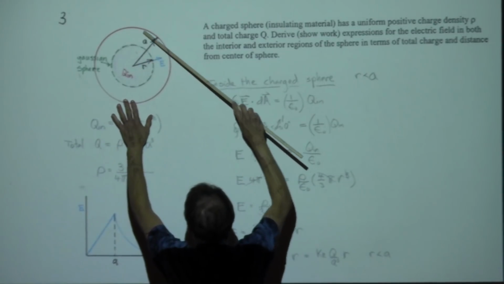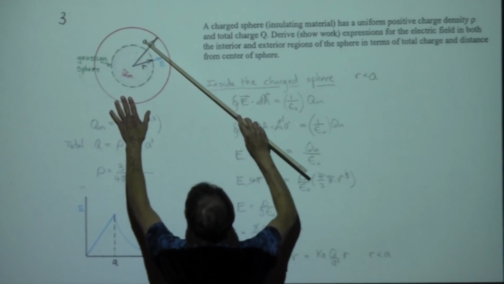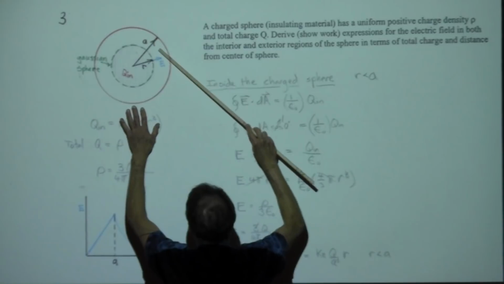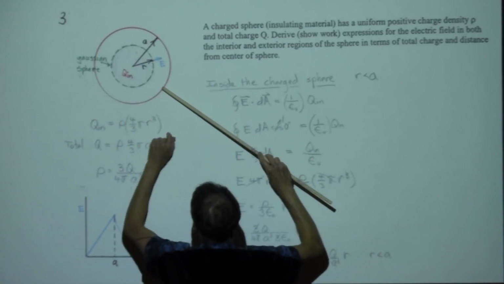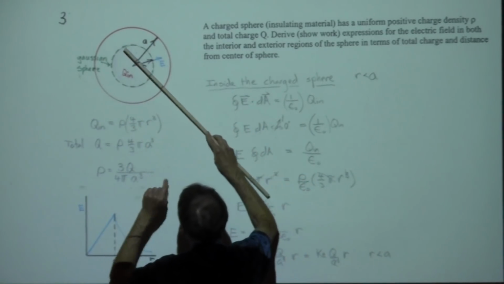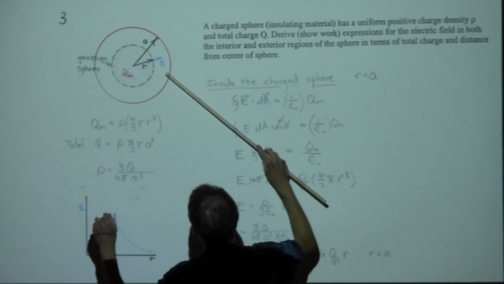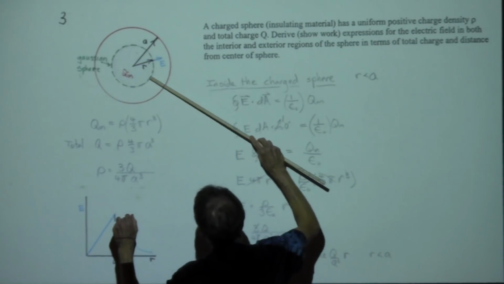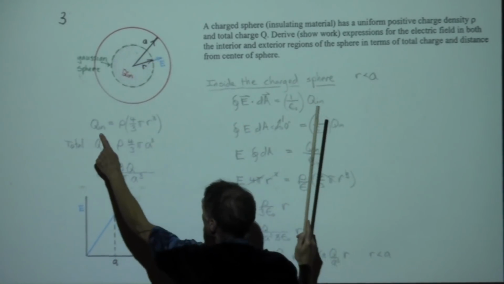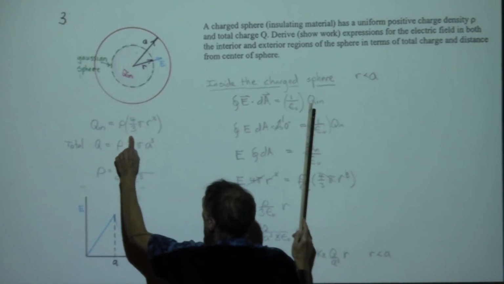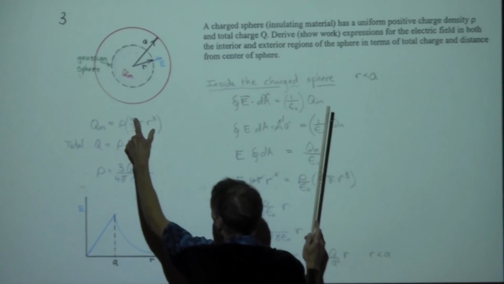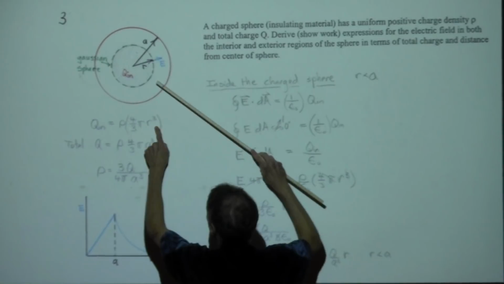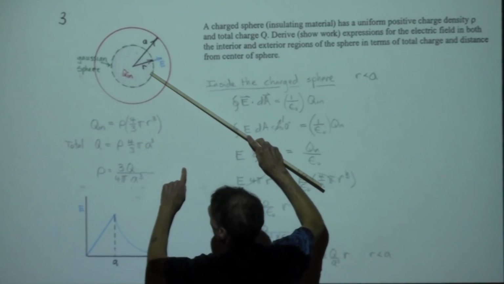This stuff on the outside, I will not be counting. All of the points here have a flux where they're going in and coming back out. They wipe out. All I care about is the charge that's inside. But getting at that would be the density times the volume, 4/3 pi r cubed.